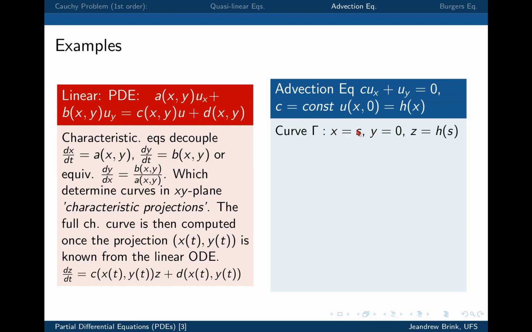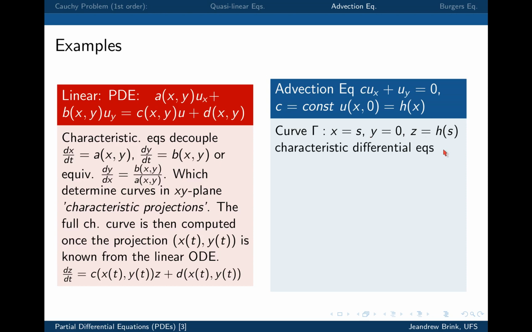And then u, which is the height above the xy plane, which we've denoted z, is just defined by h of s. This step takes a bit of practice, but it's important and really straightforward. If it's an initial condition, you write down your curve in the xy plane and you put z equals h of s.